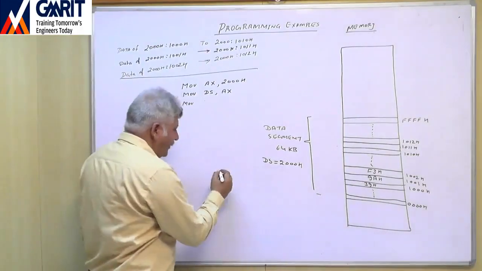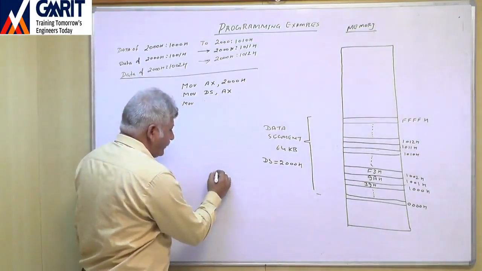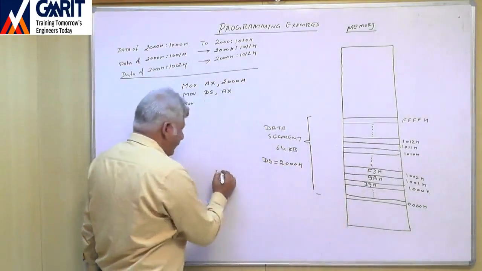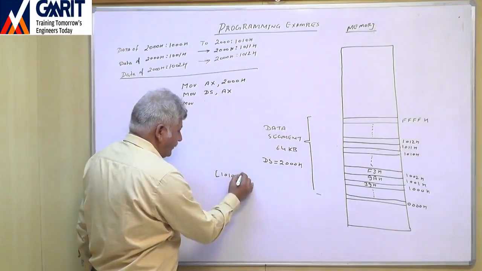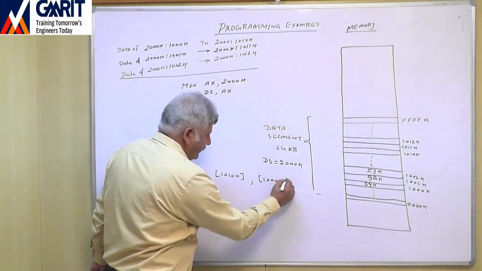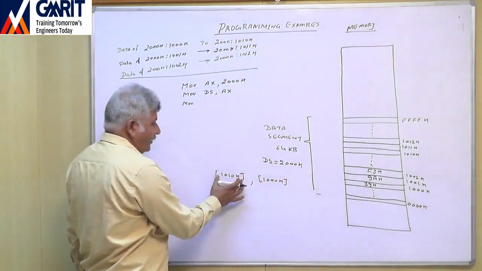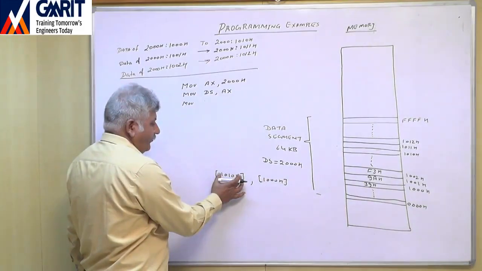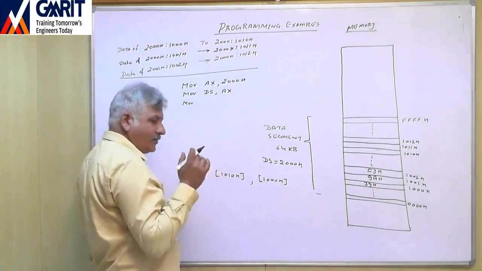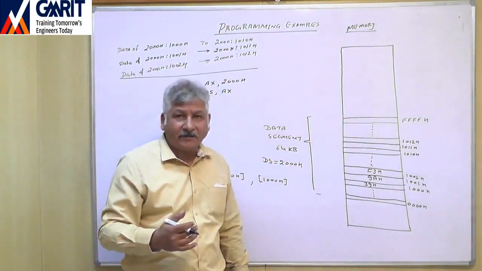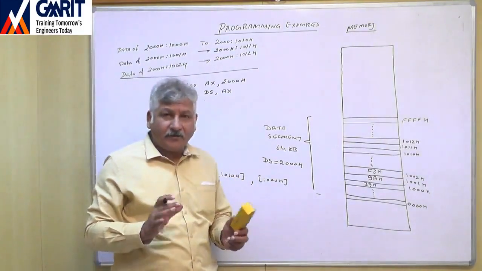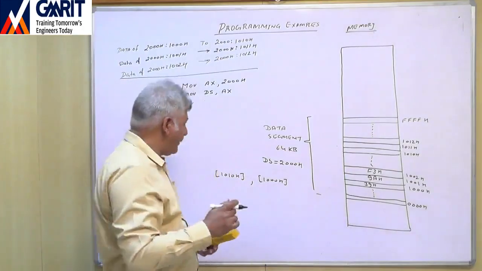See, here ultimately what we want is at this offset we want to transfer the data, 1010H, right, from 1000H. If we write this 16-bit value inside a bracket, this indicates that it is an offset address. If we remove the bracket, this indicates this is data. So this is the difference between the address and data.